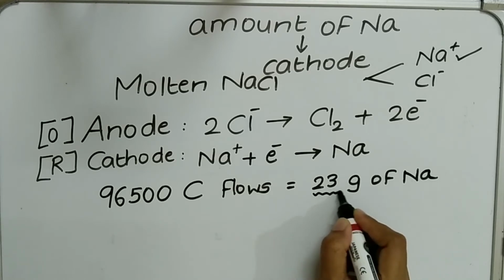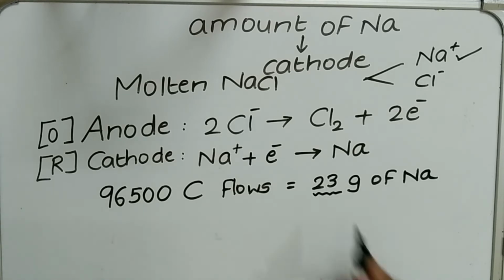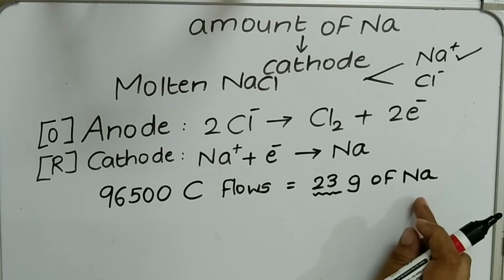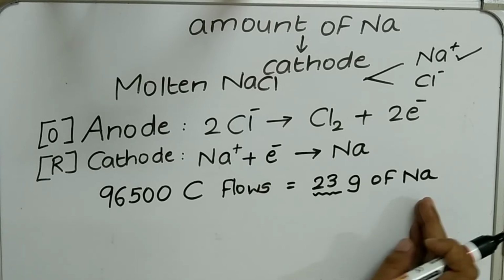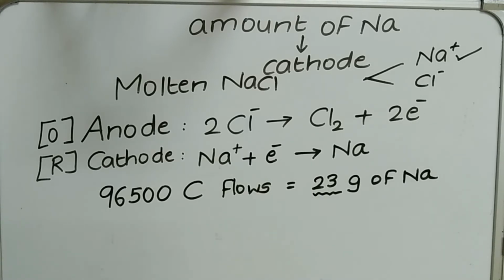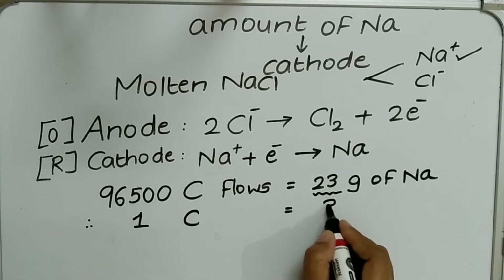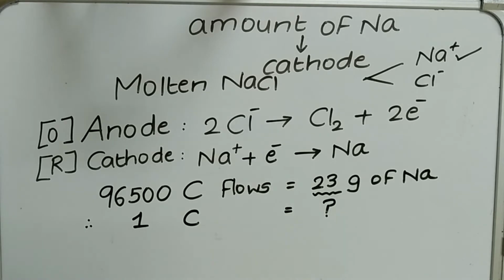Now why have I written here 23 gram? Because 23 gram is the atomic mass of sodium. If any other element is given, you have to write the atomic mass of that element. Therefore, when 1 coulomb charge is flowing in the circuit, how many grams of sodium is deposited?